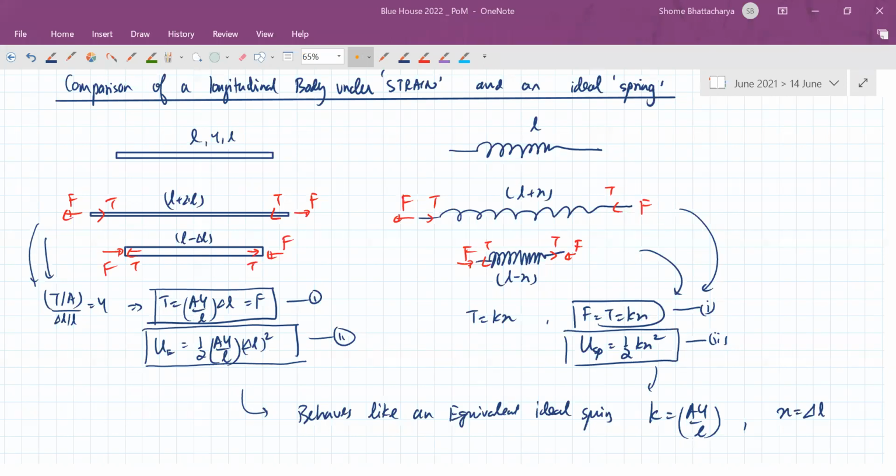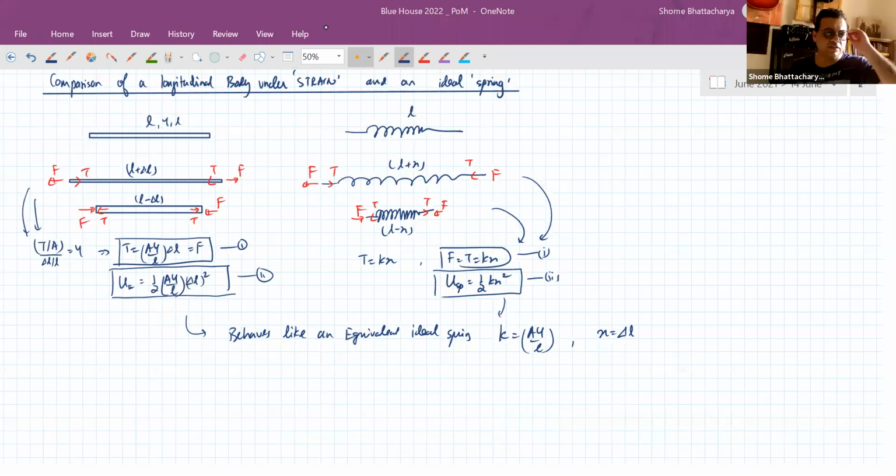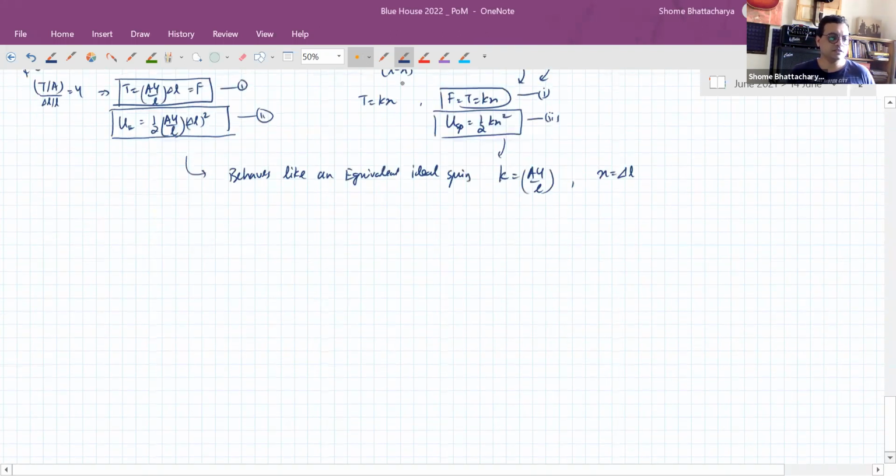Okay, so hope you understood this point clearly. We can see that this can be applied very effectively in certain types of questions. But before that, one more important point about the elastic potential energy.